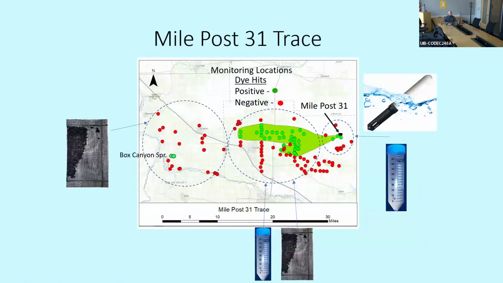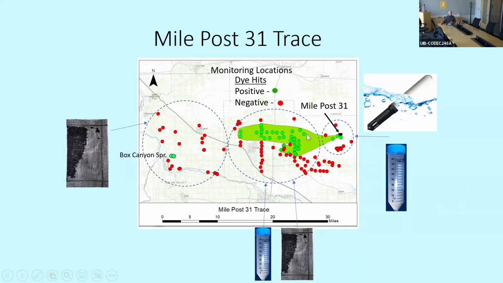So the three main methods for sampling actually change with time and space typically. For example, this is just one example. Here's milepost 31 over here on the right, where we release dye in a recharge basin. And we would commonly use grab water samples and instruments in this zone.